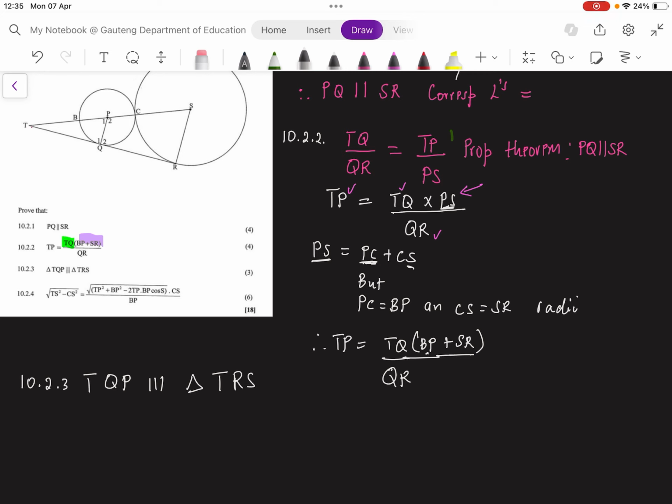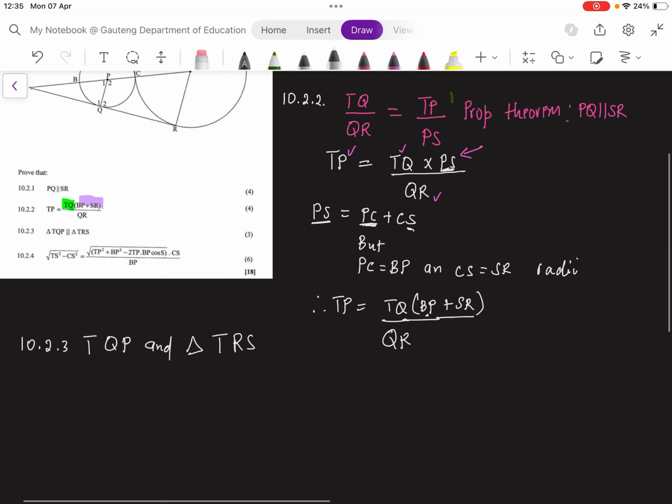So these two triangles, we are required to prove that they are similar.